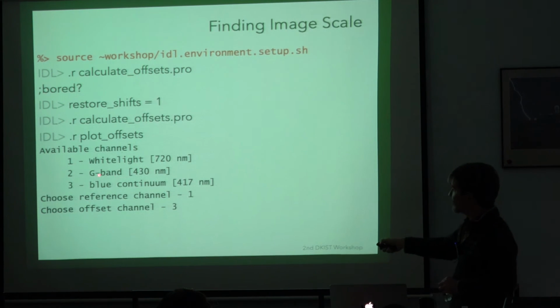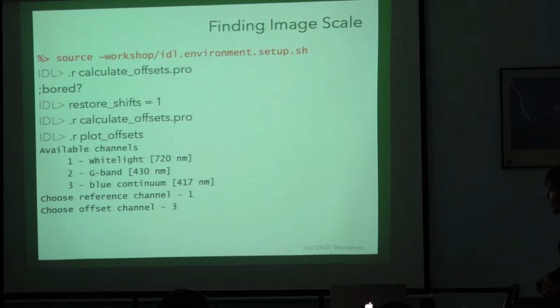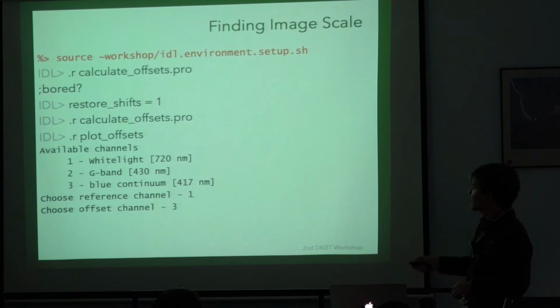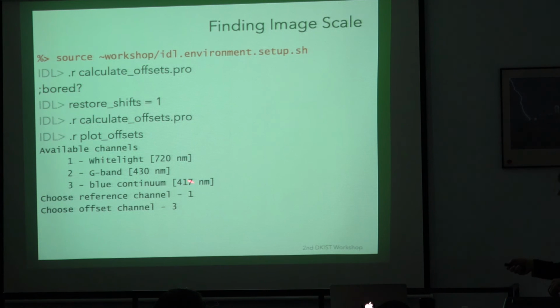We have G-band, 430 nanometers, 4,305 angstroms. So that's about 300 nanometer difference, so a significant difference in wavelength. And then we have another continuum here just about 20 nanometers shorter. And so the effects of the dispersion are going to be smaller between these two wavelengths.